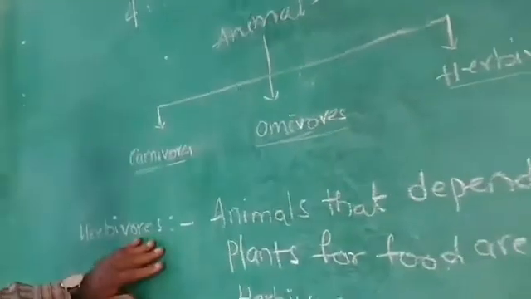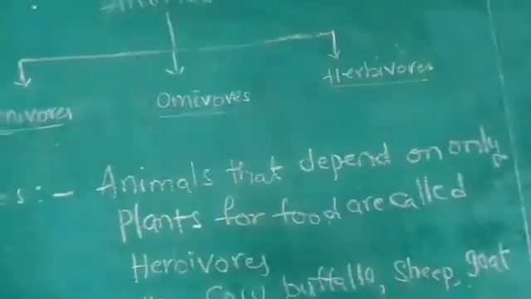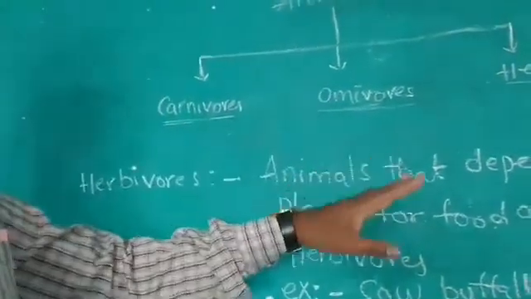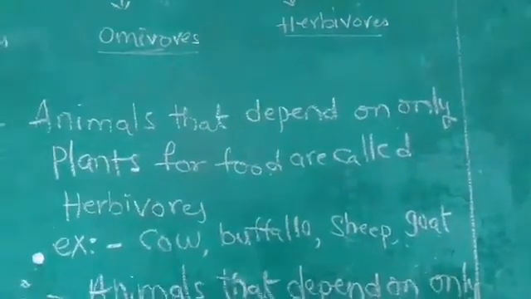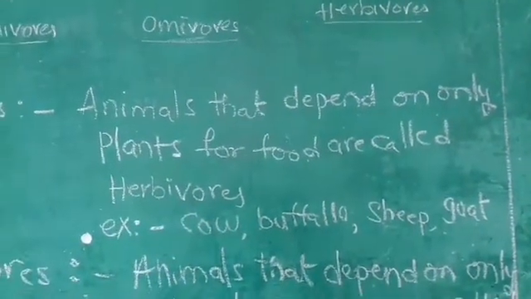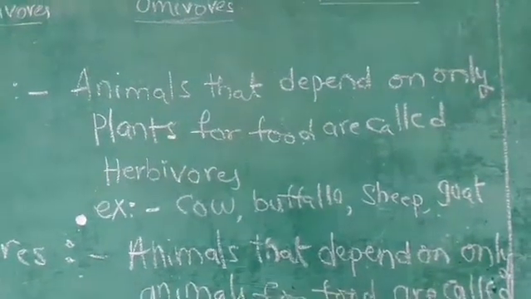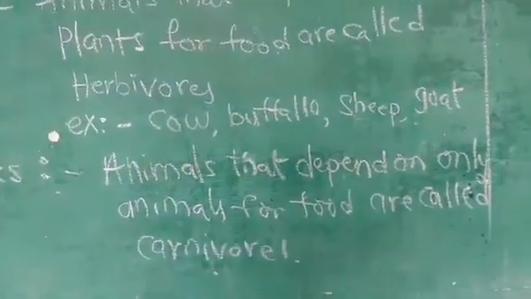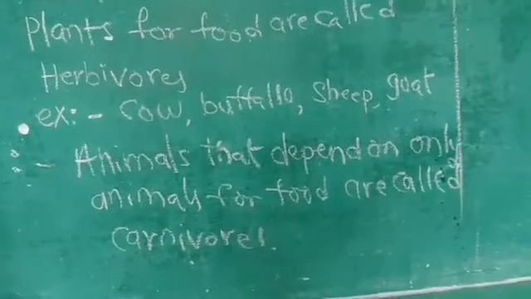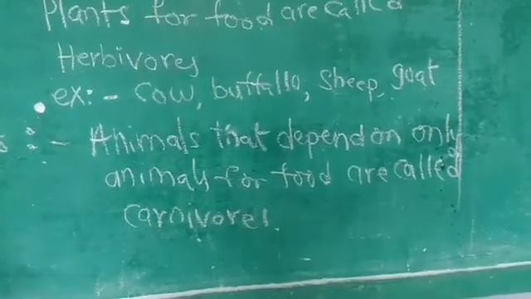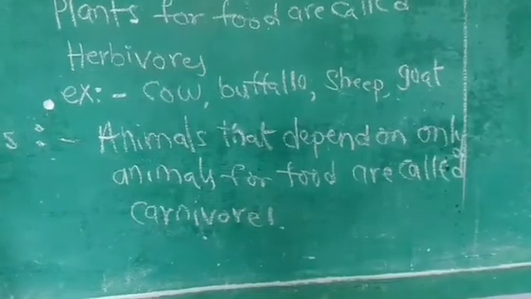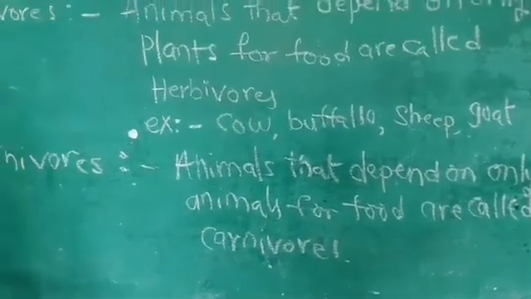Have you seen, children, what herbivores or herbivorous are? The animals that depend only on plants for food are called herbivores. Example: cow, buffalo, sheep, goat. Carnivores: the animals that depend only on animals for their food are called carnivorous.